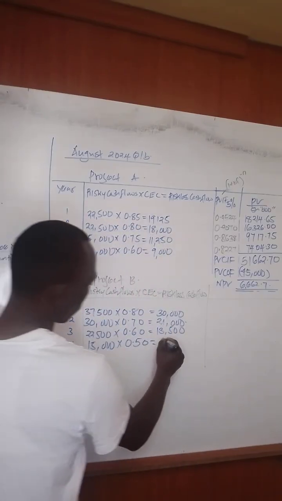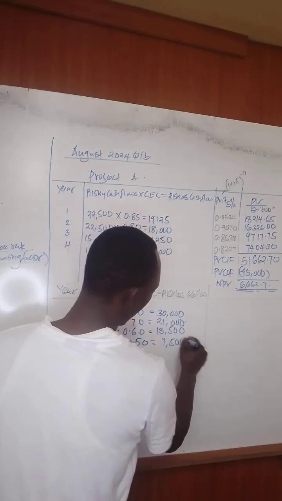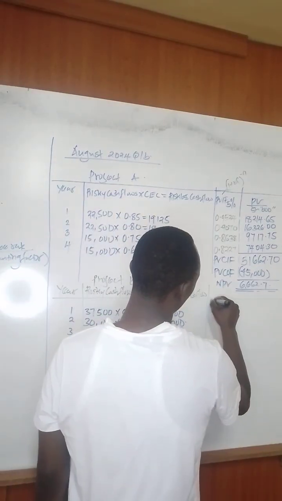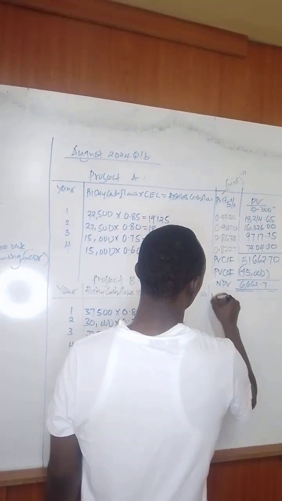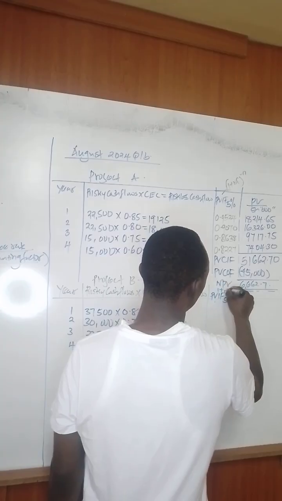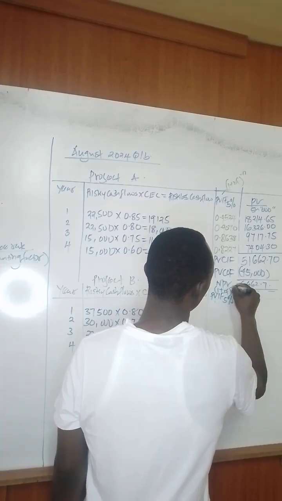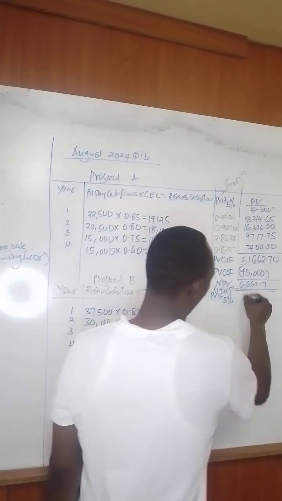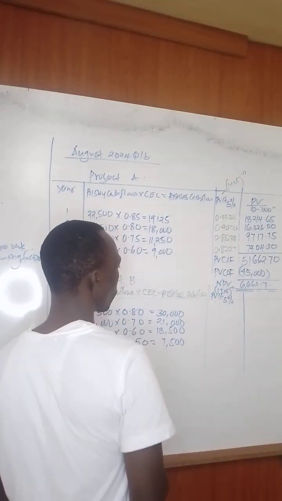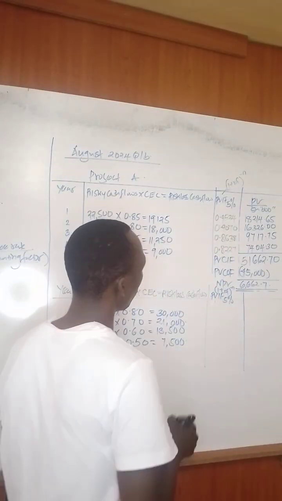And the final one will be 7,500. Then you are going to discount by the present value interest factor, 5%. Remember, we have said it will be 1 plus risk-free, then raised to negative n. And this risk-free, you just copy-paste since we had computed in the first project.